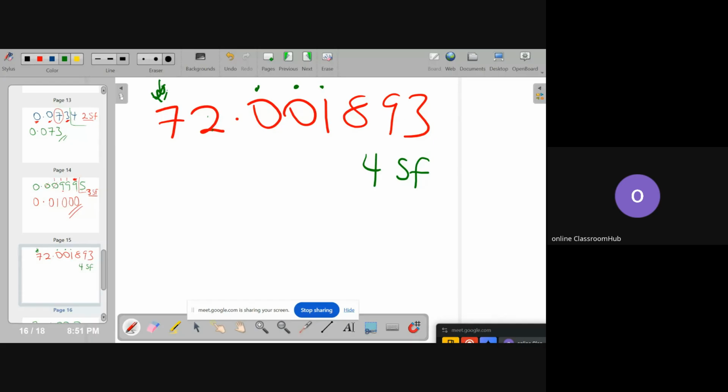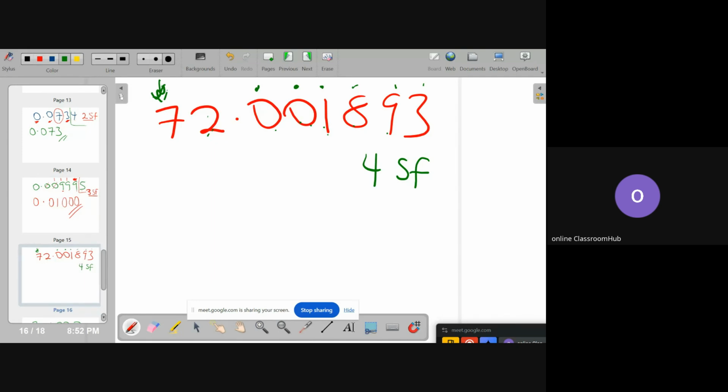Counting on, 7 first SF, 2 second SF, 0 third SF, 0 fourth SF, 1 fifth SF, 8 sixth SF, 9 seventh SF, 3 eighth SF.